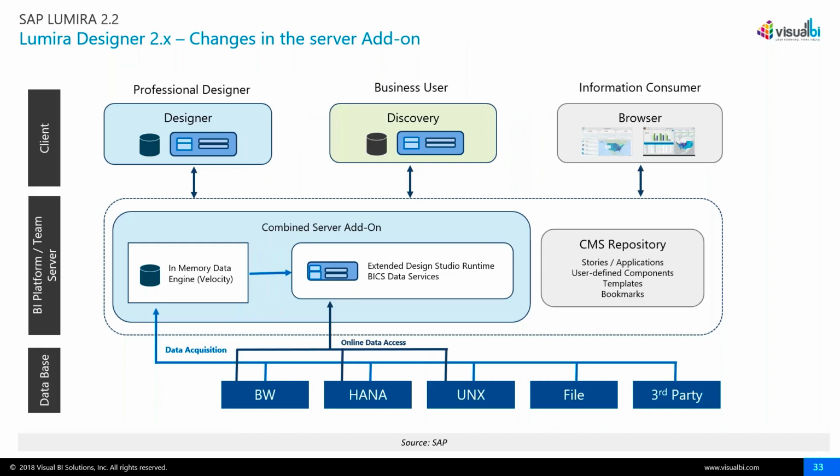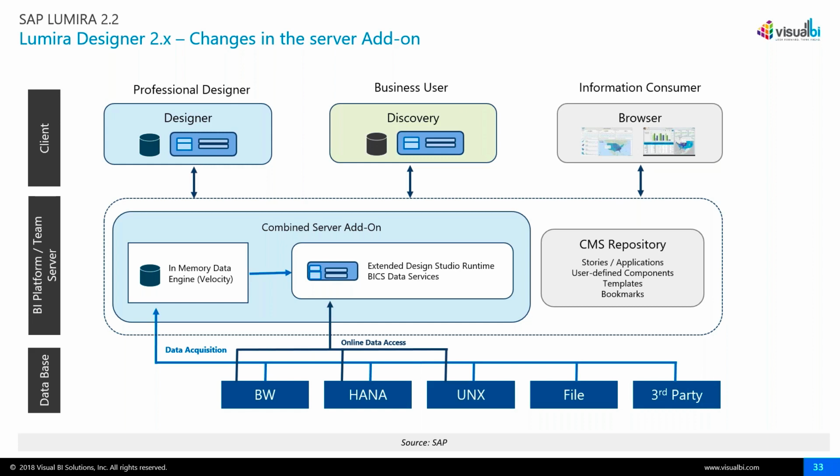When upgrading from earlier versions, so if you do decide to upgrade from 1.6, which you should, the server add-on to be installed changes a little bit. Customers using Design Studio 1.6 and earlier would have seen separate add-ons on the server for Lumira and Design Studio. When you're upgrading to Lumira 2.0, there is a single combined server add-on for both Discovery and Designer.